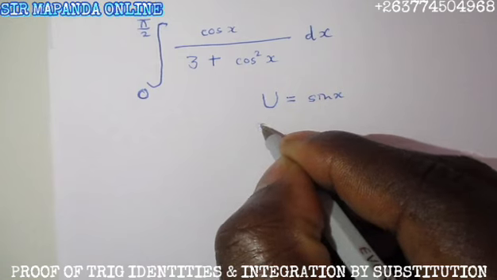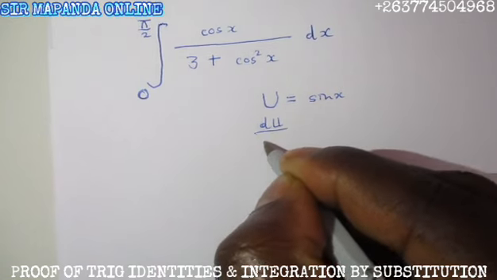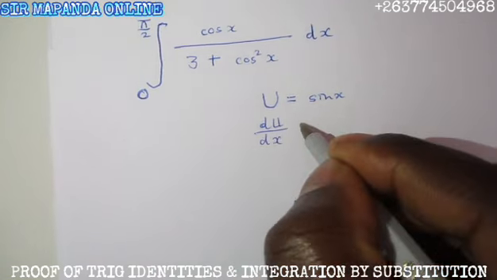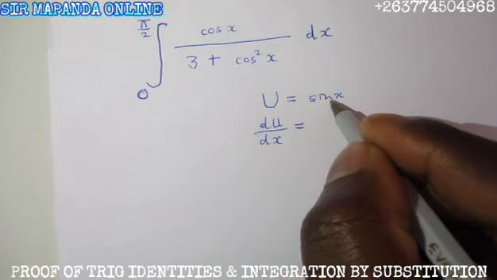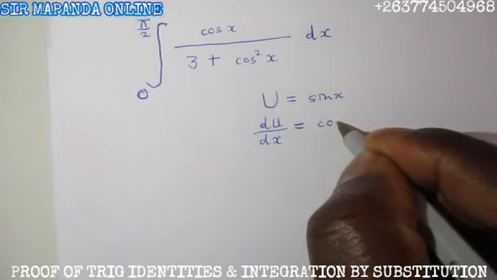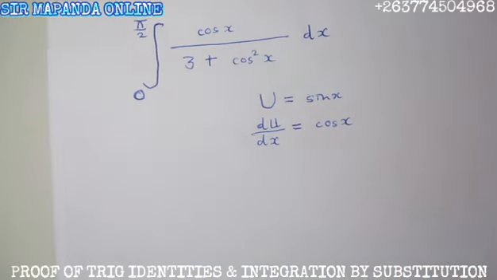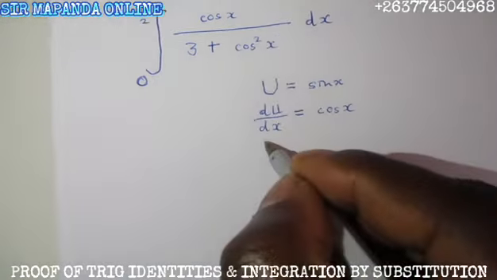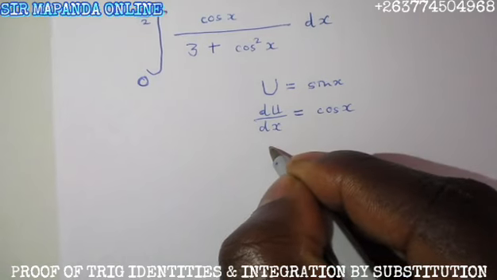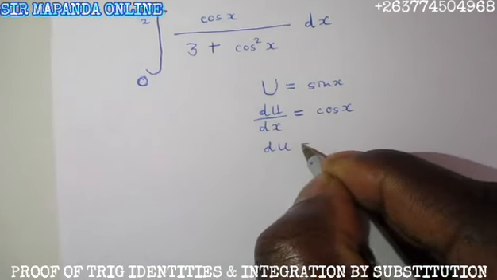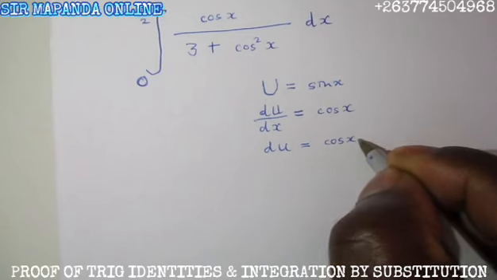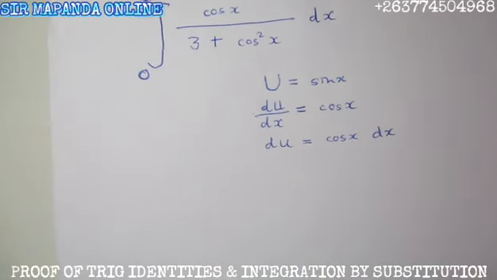So you are saying du over dx is equal to the derivative of sine x, which is cos x. So du over dx is equal to cos x. I hope you are following. Then you cross multiply, you get du is equal to cos x dx.